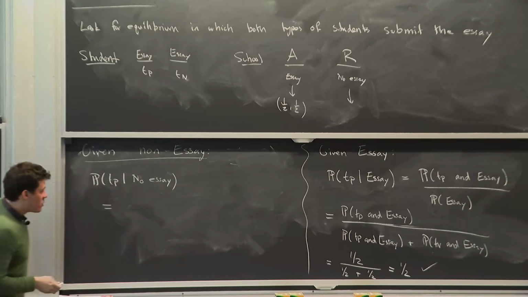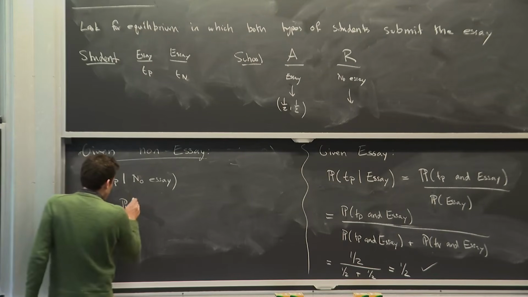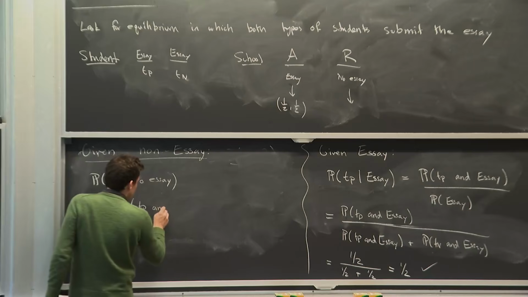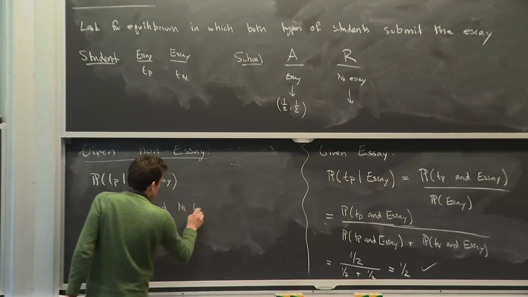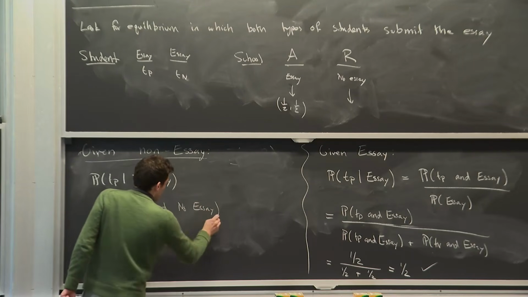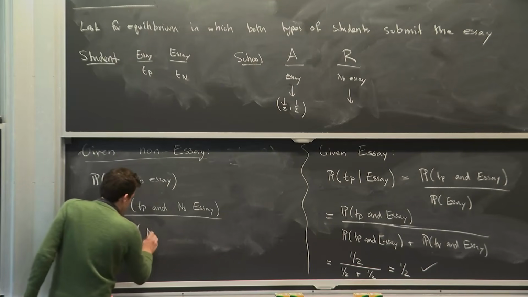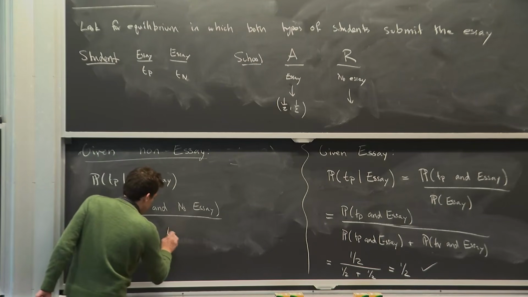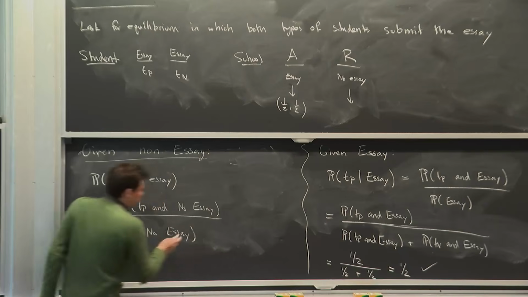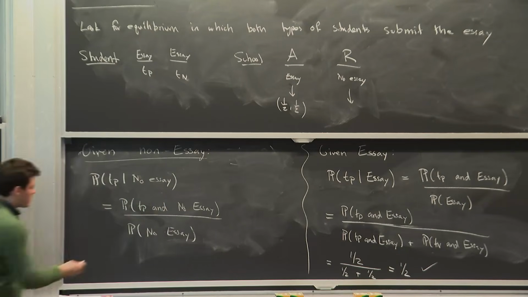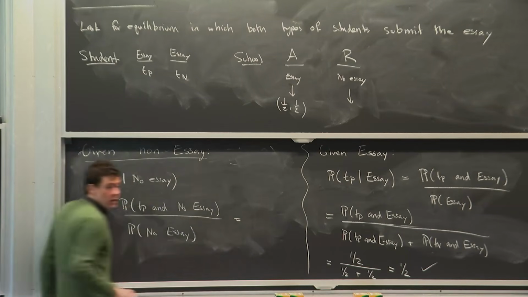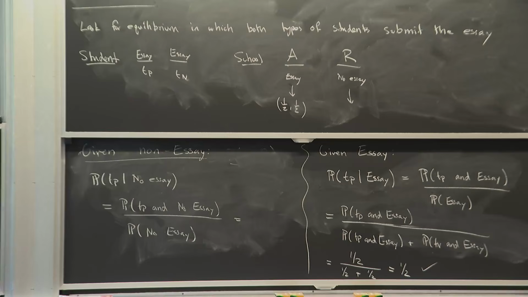And that's exactly equal to the probability that they're passionate and no essay divided by the probability of no essay. And what is this? Yeah. 0/0.